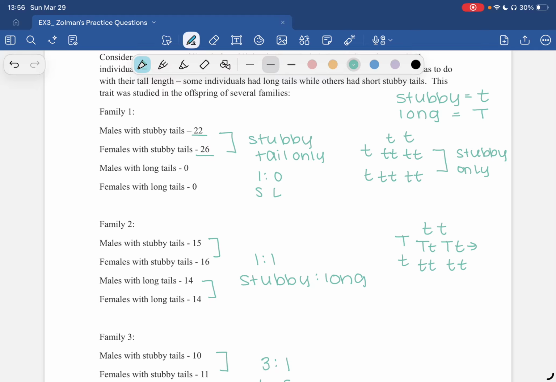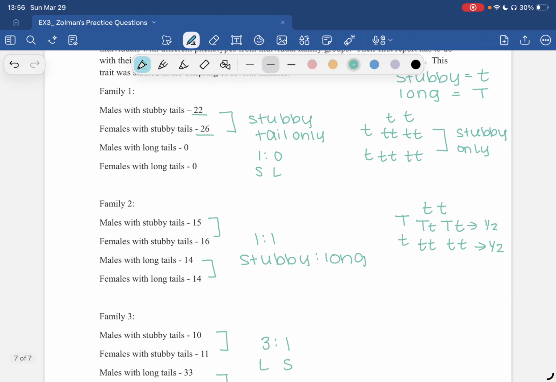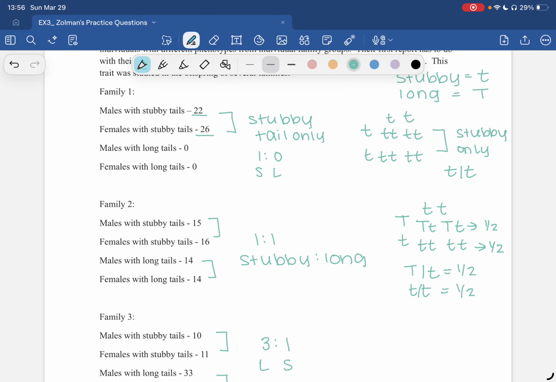So half of them would be heterozygous and the other half would be homozygous recessive. So in this top case, you'd have 100% little t, and then in this bottom, half of them would be big T, little t, and half of them would be homozygous recessive little t. You can also use percents or ratios, whichever you would like.